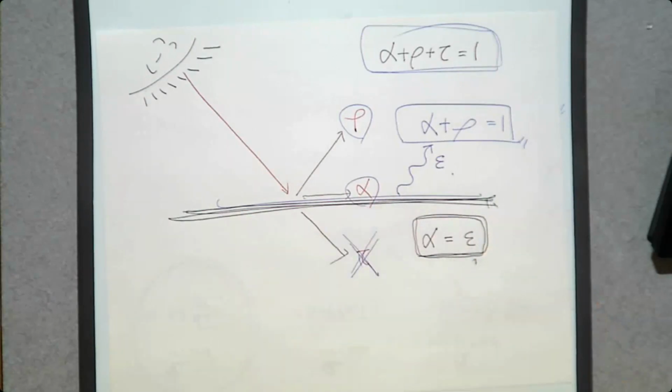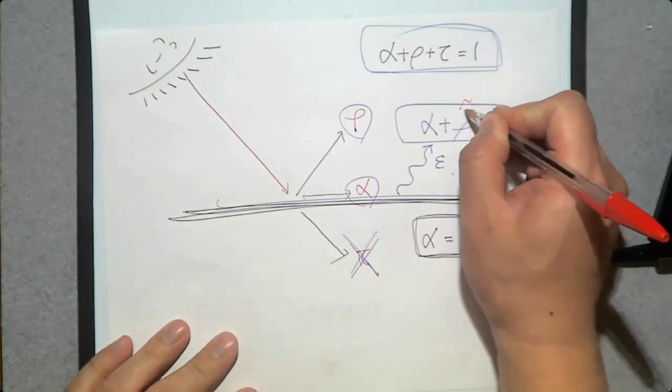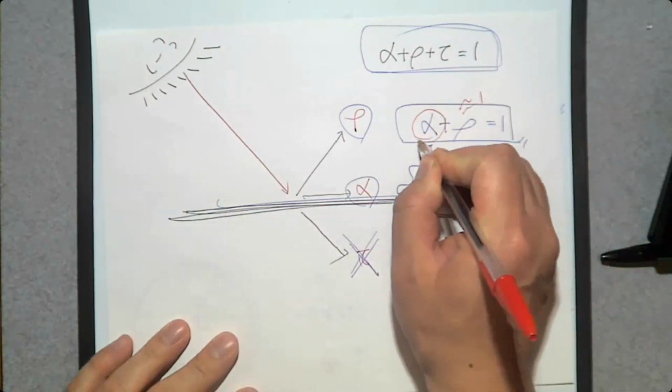Then let me go back. You said those metals can reflect the incoming radiation very well, right? So if it is metal, what is rho? Almost 1, right? When you have a metal, it can reflect the sunlight, so the reflection rho is going to be almost 1. When the reflection is close to 1, what is the alpha?